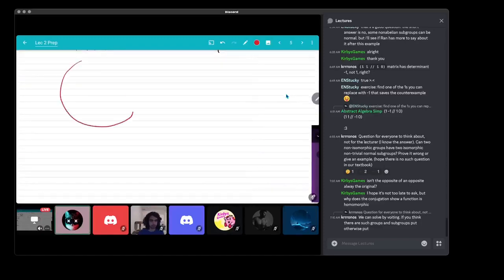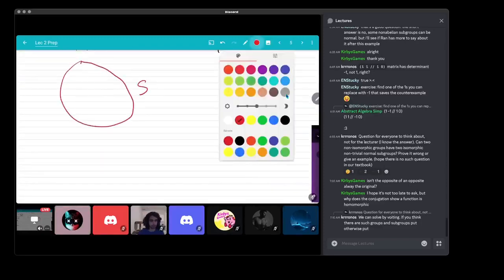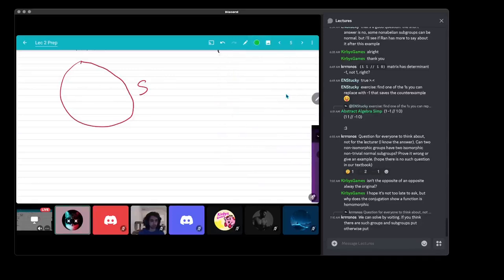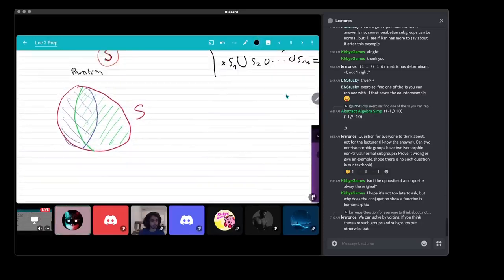For example, if I take this set, I'm gonna do the following subdivision. First subset shaded in green, and second in blue. So this does not work. Well, this is not a partition because they are overlapping.